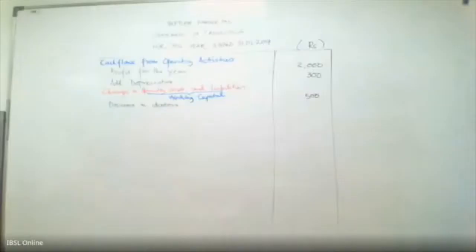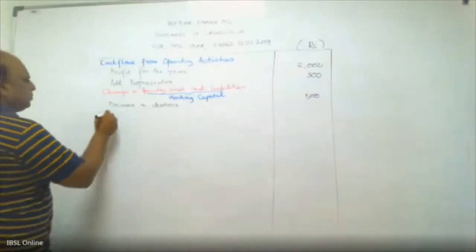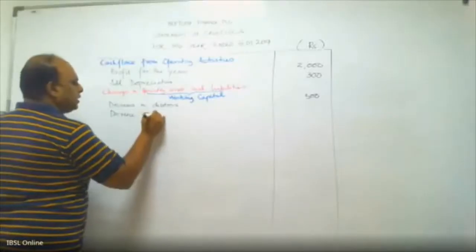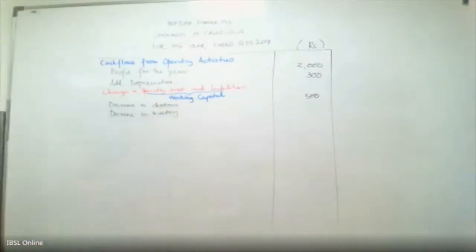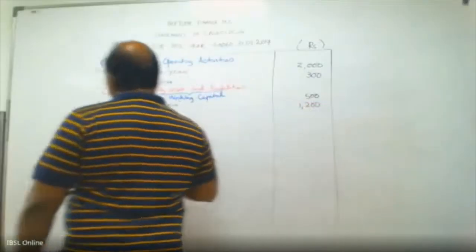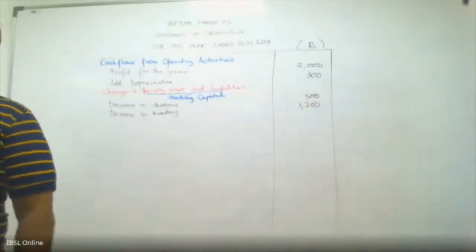So if it is decreased, cash inflow or outflow? Inflow. Decrease in inventory. How much is that? 1,200. Because 2,000 and this year it was only 800.